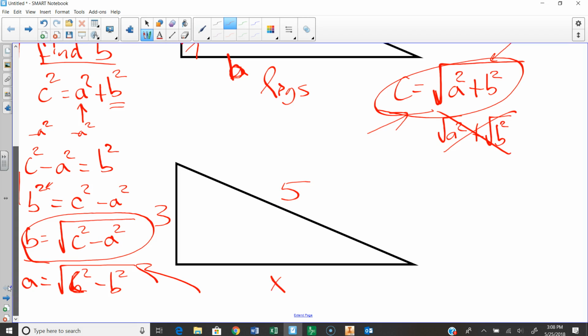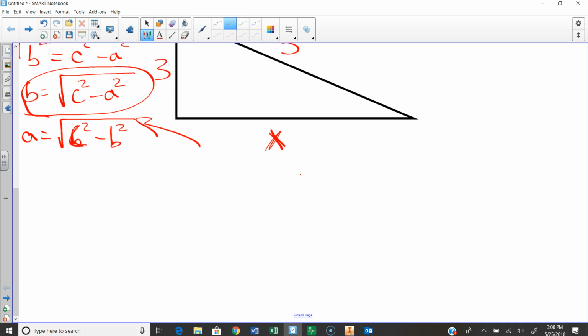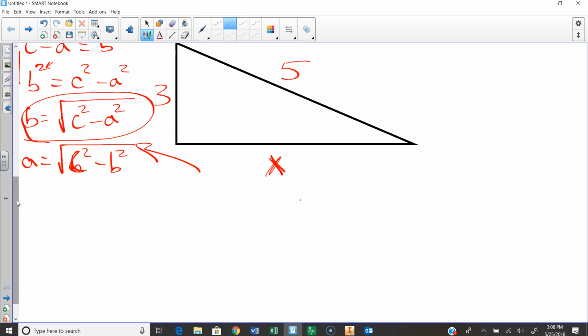The names are irrelevant. I could call this A, B, X, doesn't matter. The relationships are what's important. So in this case, I could take the 3 and the 5, and since I'm looking for one of the legs, I could just plug them into here. So I could say B is equal to the square root of 5 squared minus 3 squared.